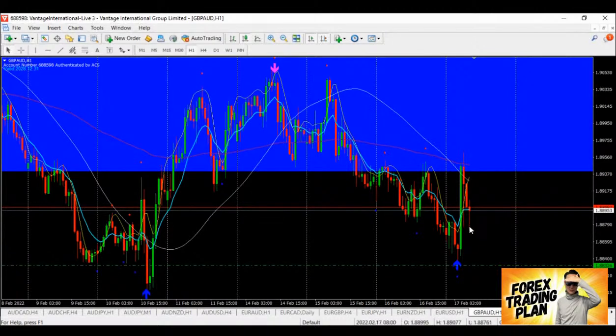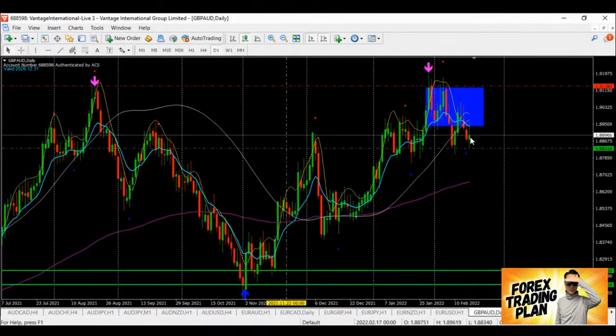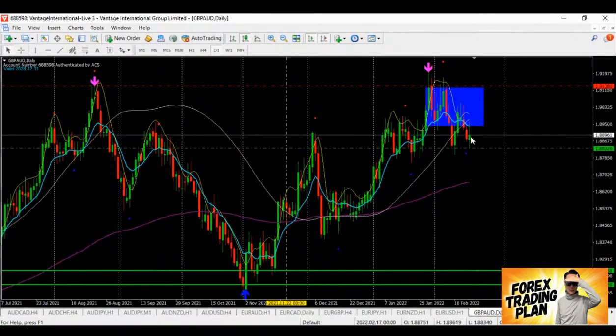All right. CK just now was saying that he took profit on the Pound Aussie. So let's take a look at how he actually took a profit. Looking at this trend, we are in the retracement, sorry, not retesting, the retracement in the bull market.